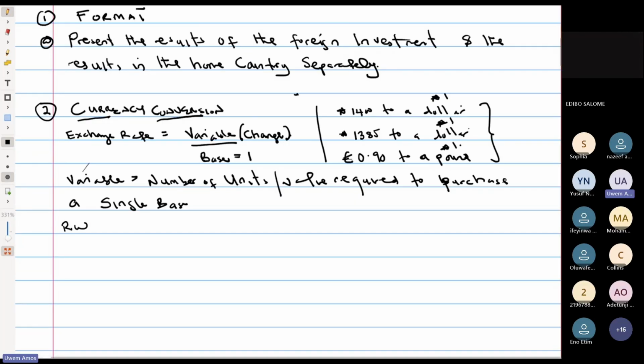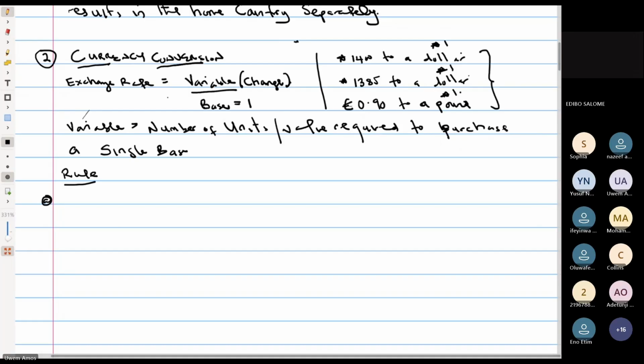A, if you are converting the base currency, you multiply.